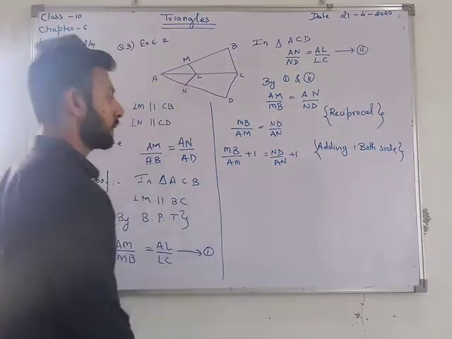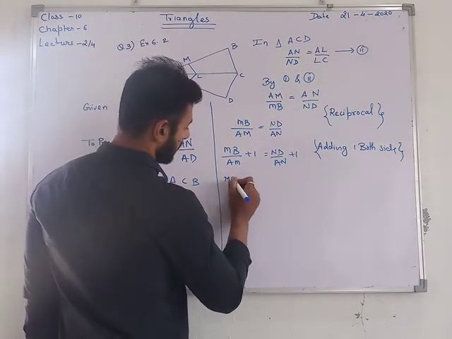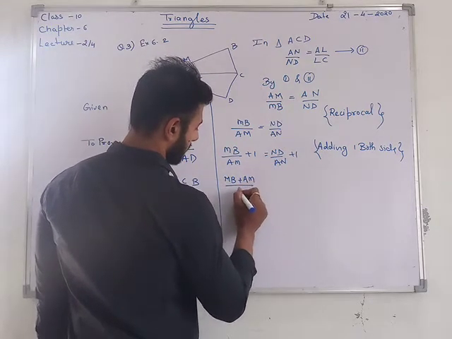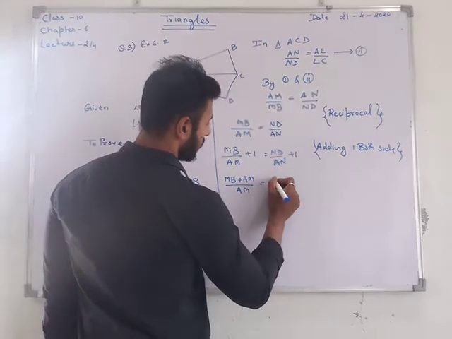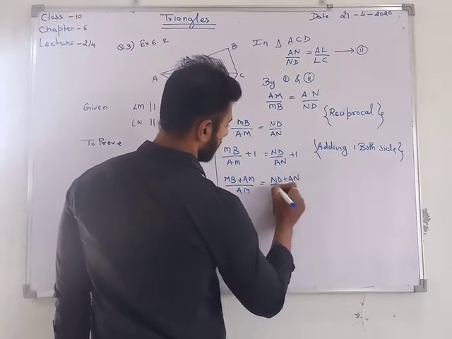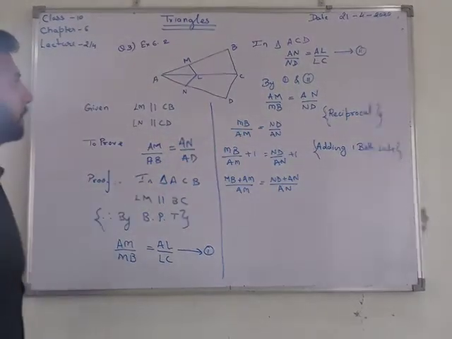Cross multiplying, MB plus AM upon AM is equal to ND plus AN upon AN.